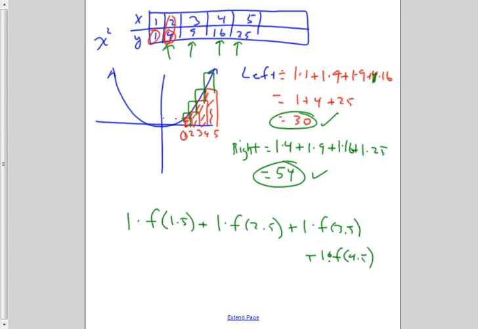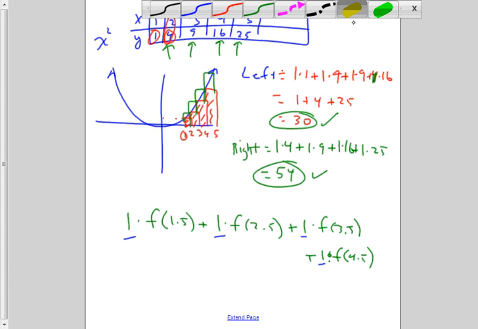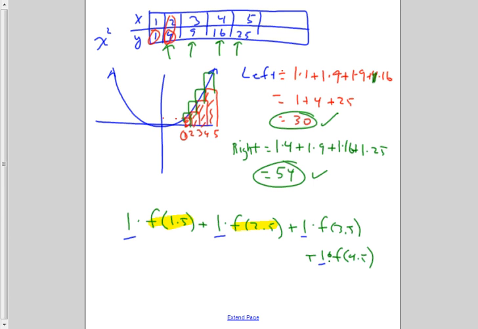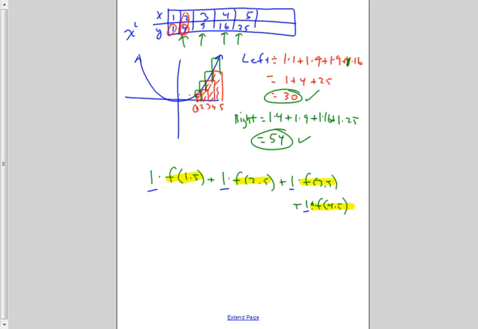So again, 1 is the base of each rectangle, and then these values are the midpoint values, the y values in between the points. So just to draw a quick little picture of that, if this is 1 and this is 2, then we're using the midpoint where this y value is f of 1.5.